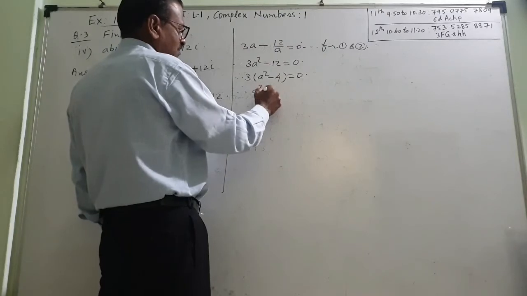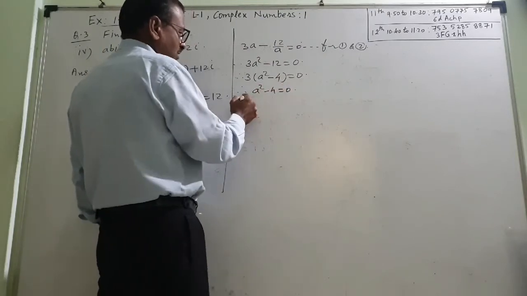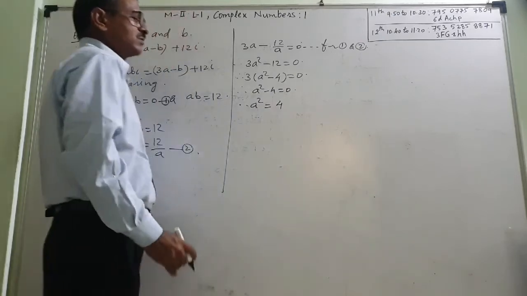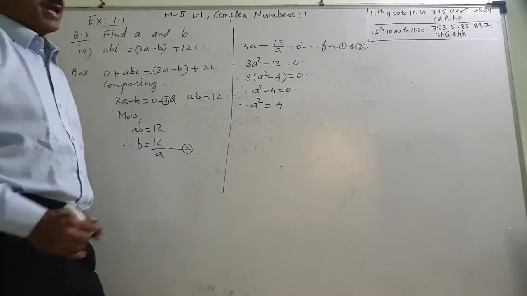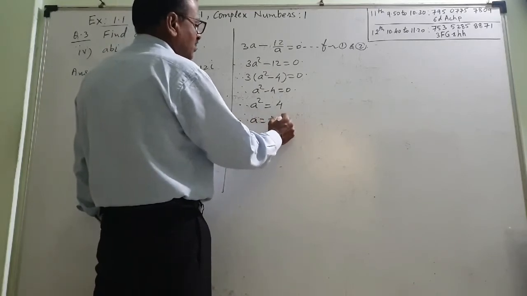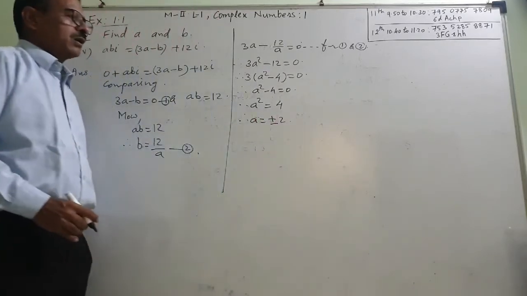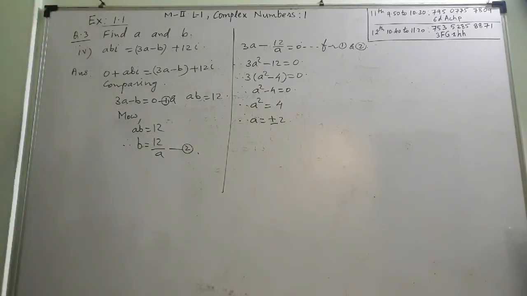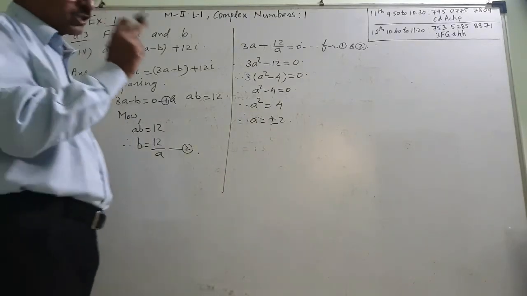So a square minus 4 is equal to 0. Therefore a square is equal to 4. Now what will be the value of a? Therefore a will be plus or minus 2.